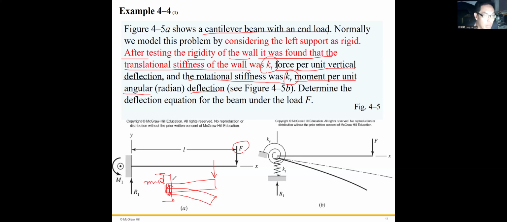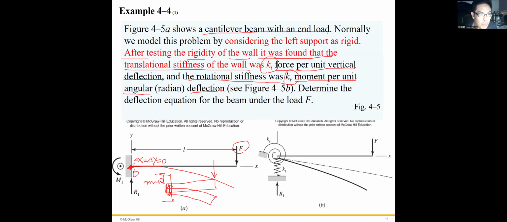If this boundary condition is rigid, then theta equals 0, and delta x equals delta y equals 0 at the boundary. That means at this point the support will not move vertically or horizontally, and the slope is zero.